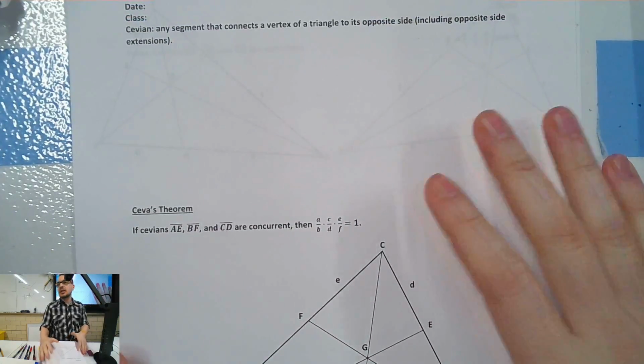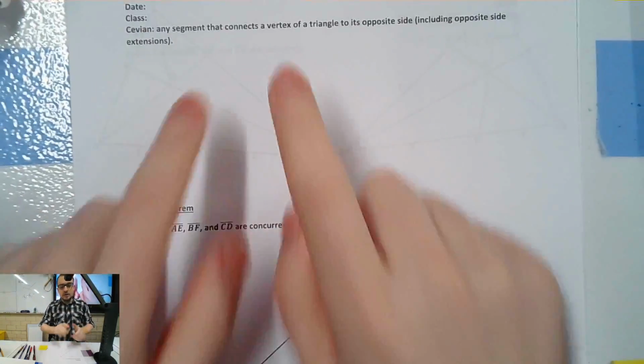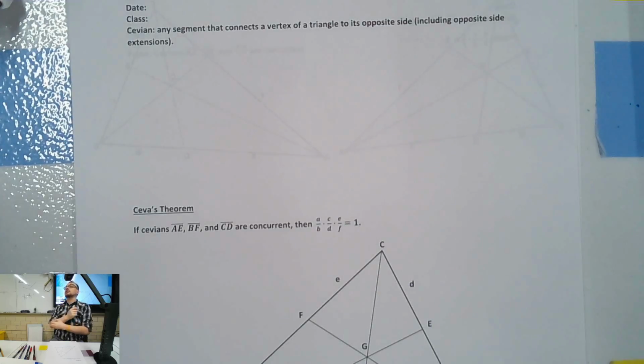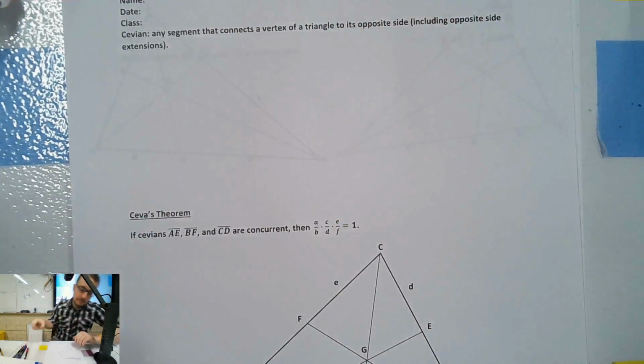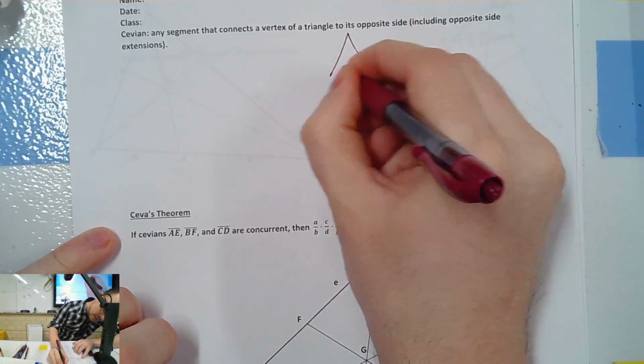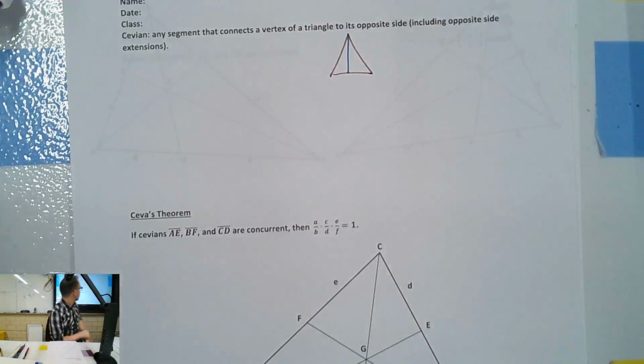And then the other one was that weird proportionality thing, right? We got a minus c over b minus d equals e over f. New definition, a Cevian. We've talked about Cevians before, we just haven't called them that. So a Cevian is any segment that connects a vertex of a triangle to its opposite side. And that includes when we extend that side. So for instance, this is a Cevian because it goes from vertex to opposite side.